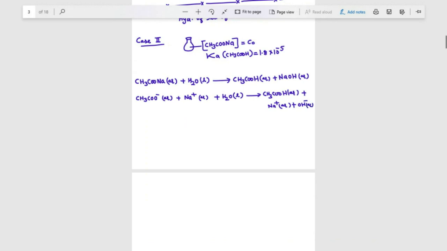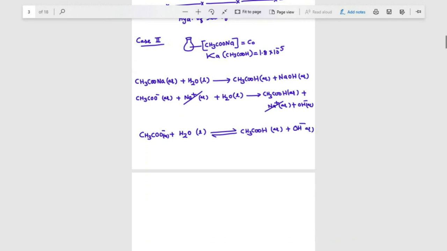So here Na plus ion is not participating in the reaction, it is a spectator ion. So what is the overall reaction which is going on? An ion of weak acid, that is acetate ion, is reacting with water H2O in liquid state to form, it is a reversible reaction, so let me draw the reversible sign, CH3COOH in aqueous state plus OH minus ion in aqueous state.